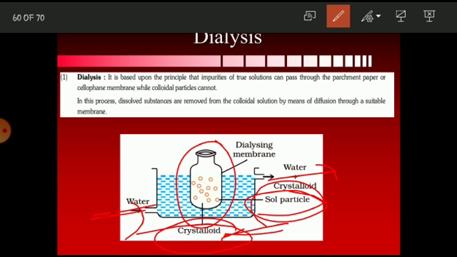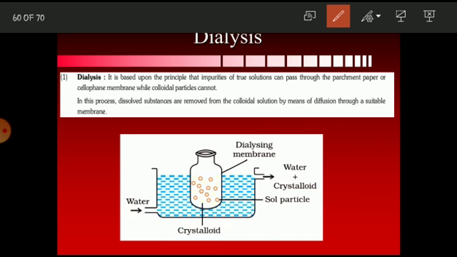With the flow of this water, the crystalloids can be easily separated from the impure colloidal solution, and the colloidal particles remain in the bag. This is the best way to remove the crystalloids from the colloidal solution. This process is called dialysis.